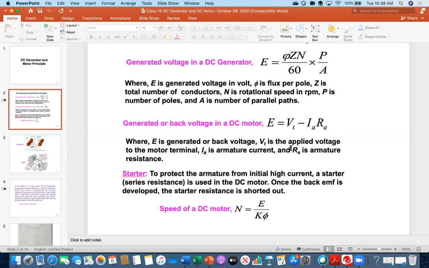And then you see the meaning of the symbols: E is the back voltage, Vt is the applied terminal voltage, Ia is the armature current, and Ra is the armature resistance. Please note this down, and then I will take you through another numerical problem.